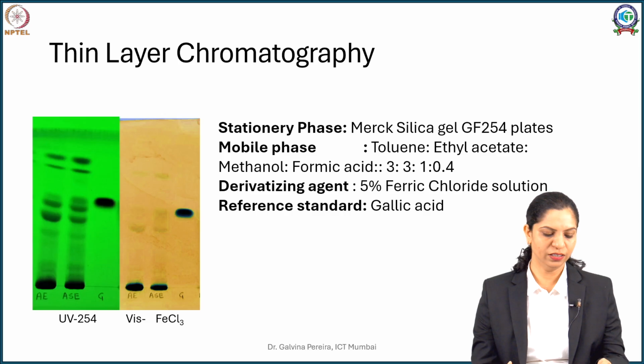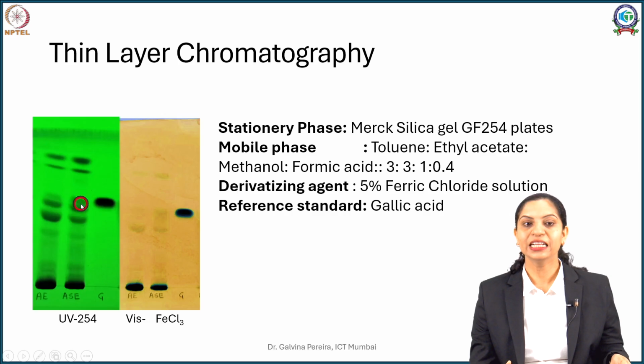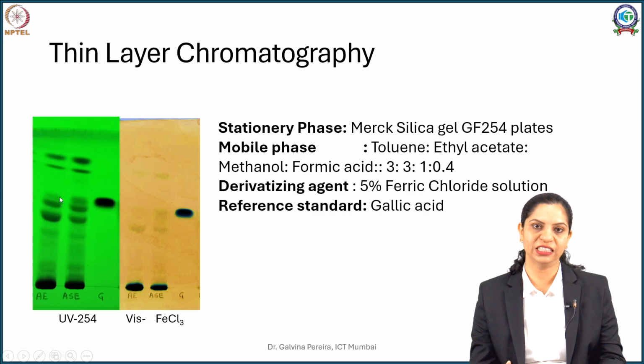If you can see here, we have a plant extract being applied, that is two different plant extracts, and here G stands for gallic acid. Gallic acid travels a certain distance and you can simultaneously see a corresponding band in the plant extract. What does this indicate? This indicates that my plant extract also contains gallic acid.